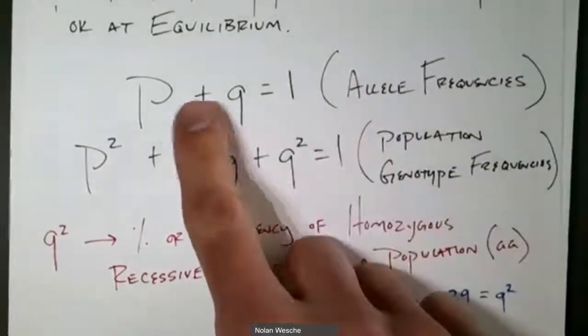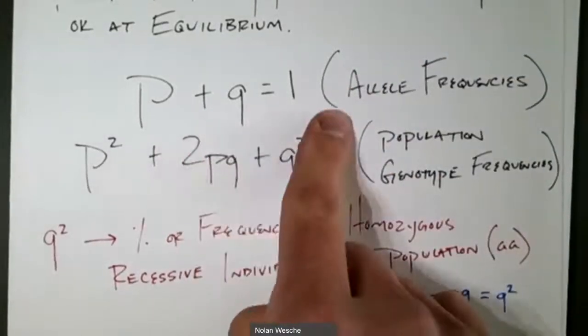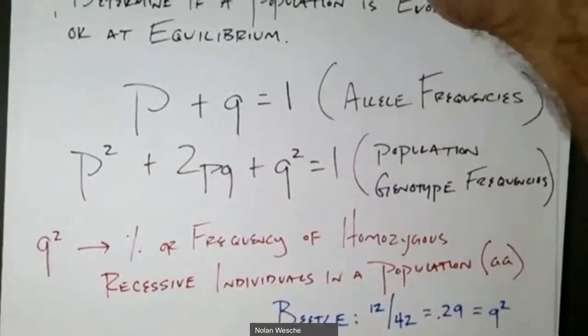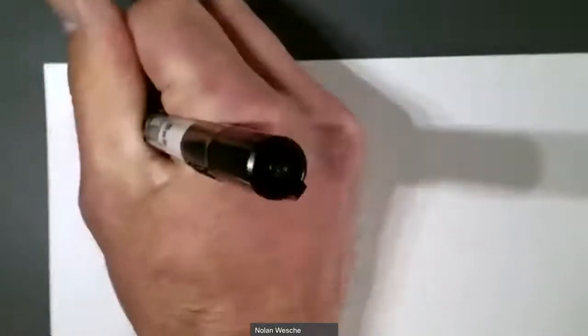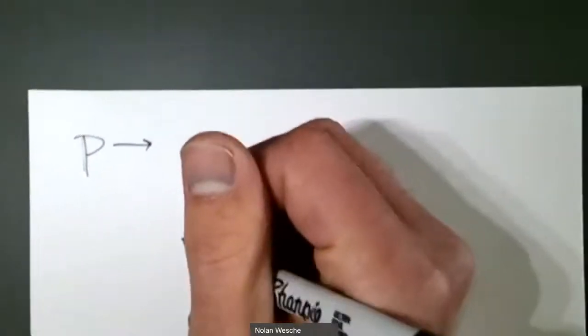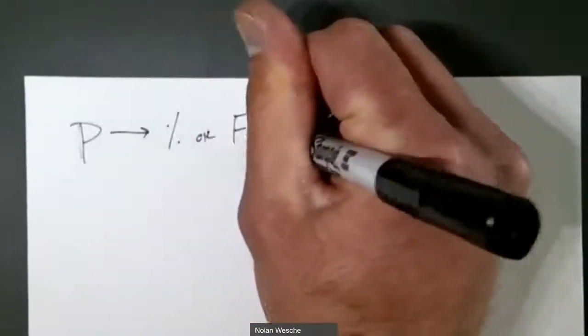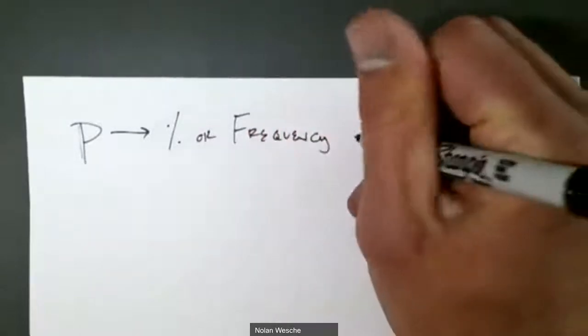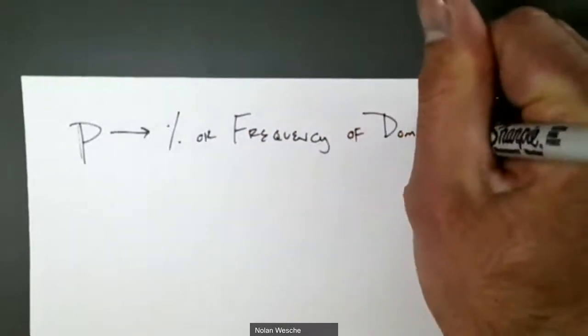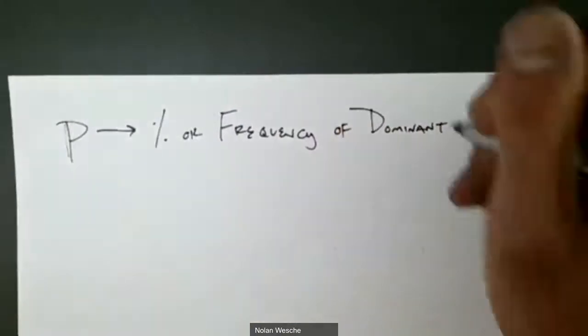So I've got Q squared. I have Q. Now I can find P. I just have to rearrange this, move the Q over here, and that'll give me P. So let's go ahead and look at that and do that. So I'm now going to be able to find P. So P is going to represent the percentage or the frequency of dominant alleles.